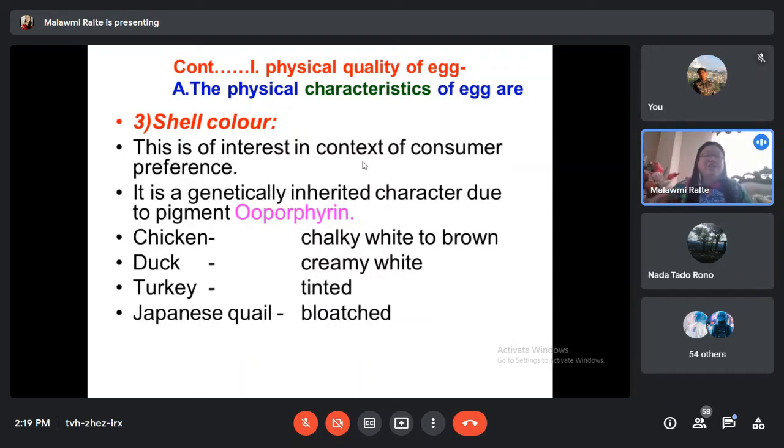It is just the covering of the shell. Whichever egg is fresh, whichever is younger, that is more nutritious. It does not depend upon the shell color. But it has a great influence from our forefathers.